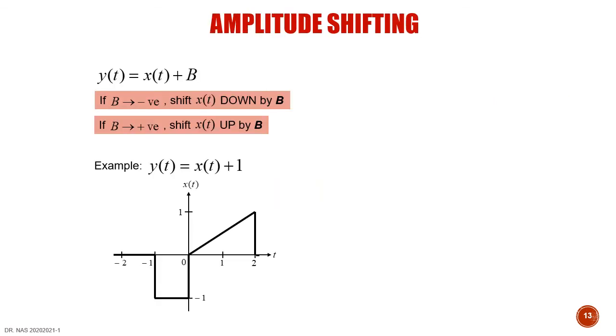Okay, let's look at what happens when you have amplitude shift. When you compare with the general equation, you can't see any additional variables inside the bracket. So only an additional plus outside the bracket, meaning that the signal will be shifted up by B in amplitude. Okay, there's no change on t.